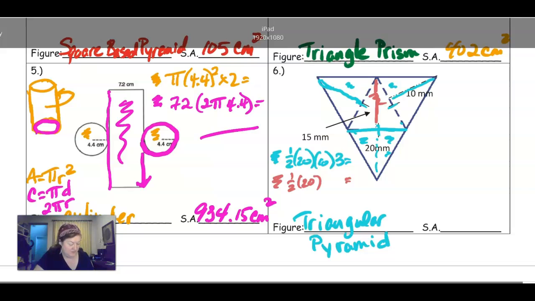It's 15. Cool. So I can just use 15 for that. Okay. And then I can go ahead and put that in and use it for the triangle in the center. So add up all of those together, we should get 450. We're still talking millimeters squared.